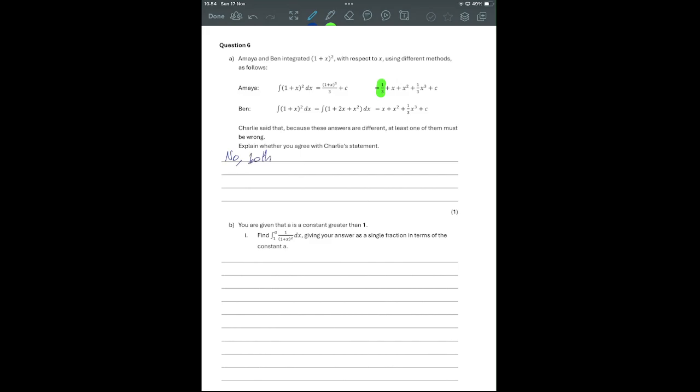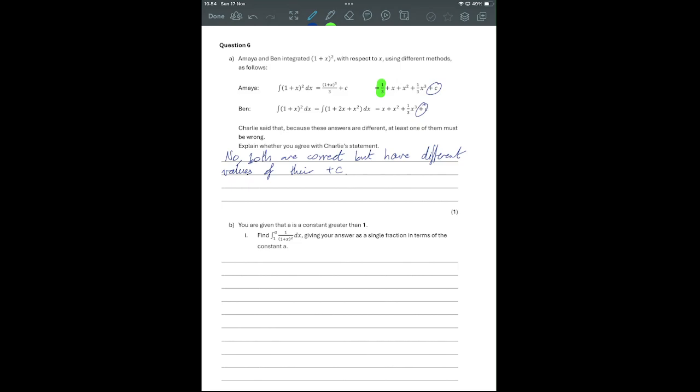Both are correct. And this is quite a subtle thing with this plus C. Both are correct, but have different values of their plus C. These two answers are identical up to a constant, and that plus C is absorbing any constants already.